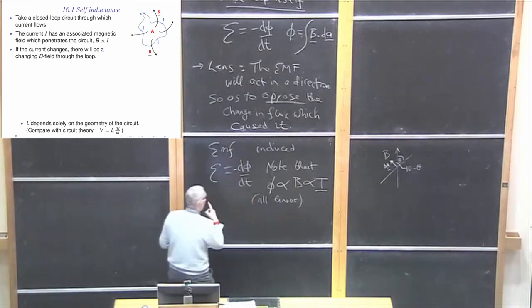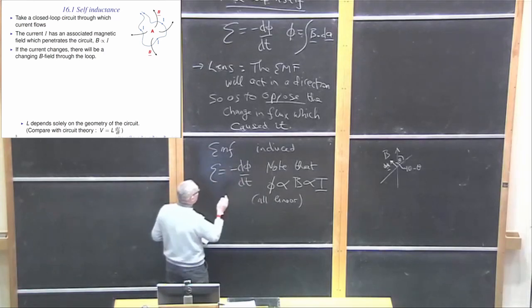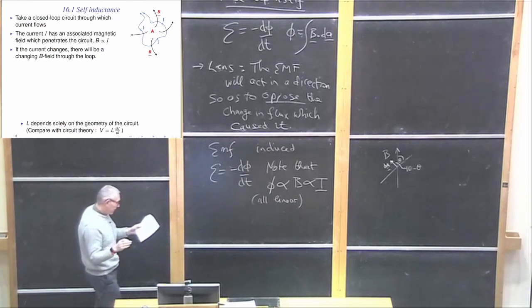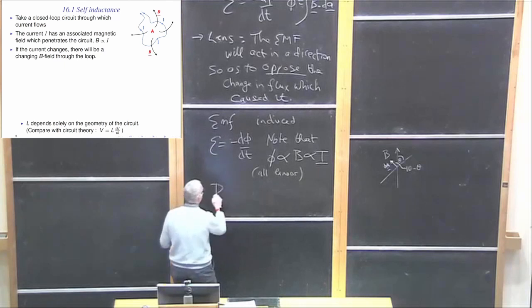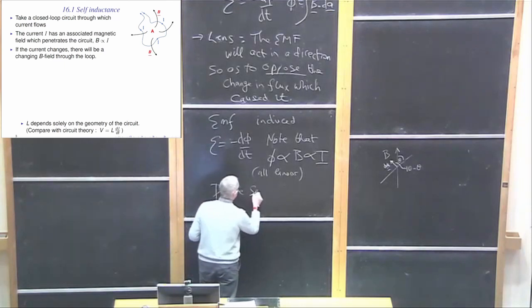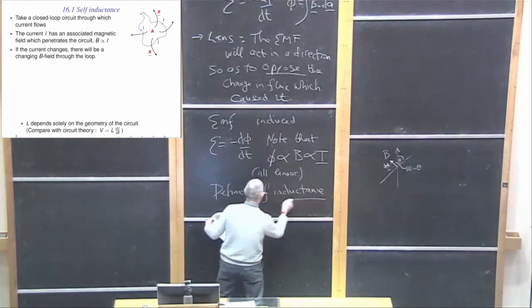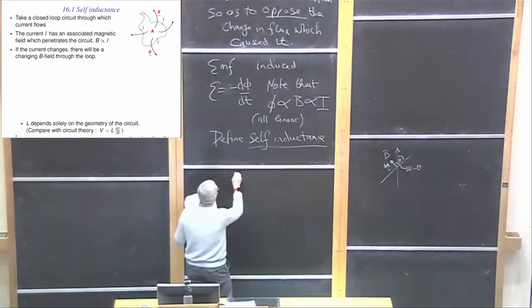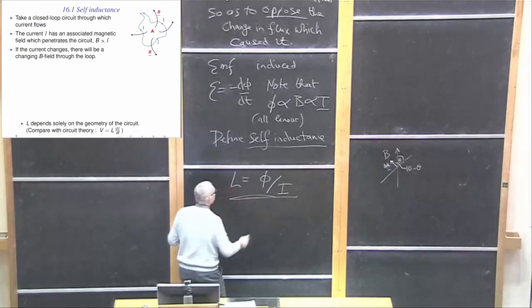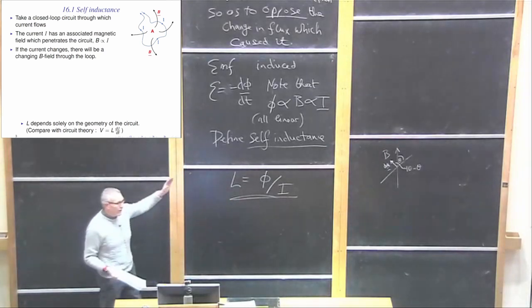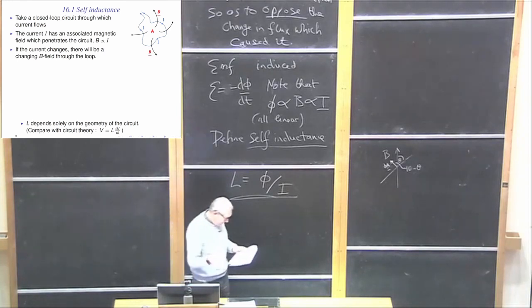What I'm going to do is define the self-inductance. This is just a definition. You'll recognize the symbol: L equals phi over I. So L is this standard inductance that you use in circuit theory.